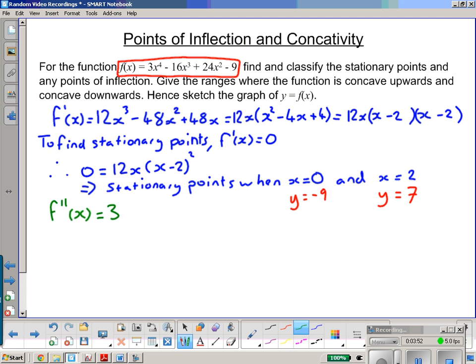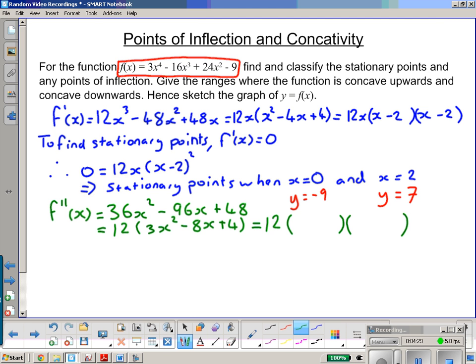We get 36x squared minus 96x plus 48, and if we factorize, we can factorize out the 12 again, and we get 3x squared minus 8x plus 4, and again we can factorize that quadratic into two brackets, and we get 3x minus 2 and x minus 2 as f double dashed factorized.